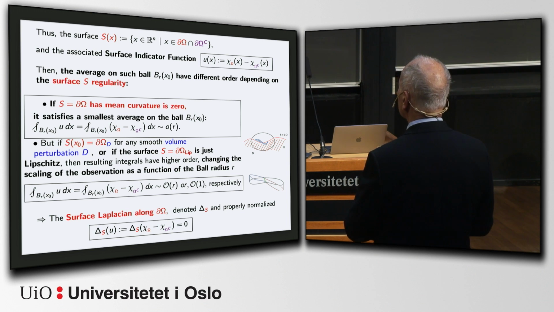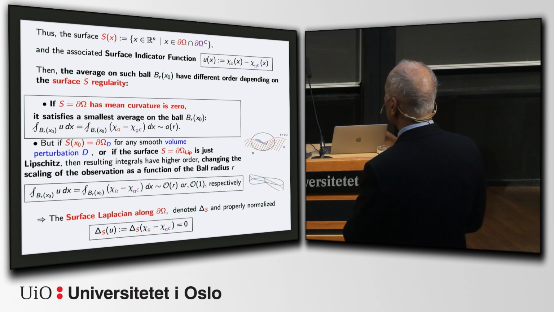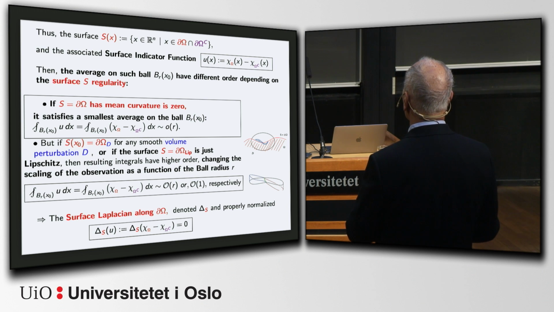But if S is the boundary of omega for any smooth volume perturbation D, or if the surface S equal boundary of omega is just Lipschitz, then the resulting integrals have higher order, changing the scaling of the observations as a function of the ball radius r.